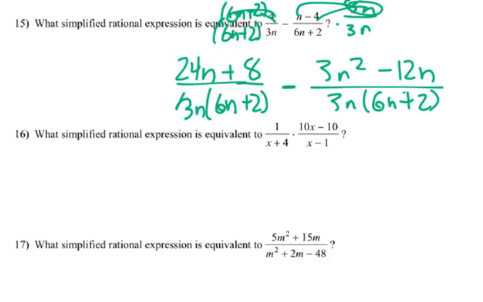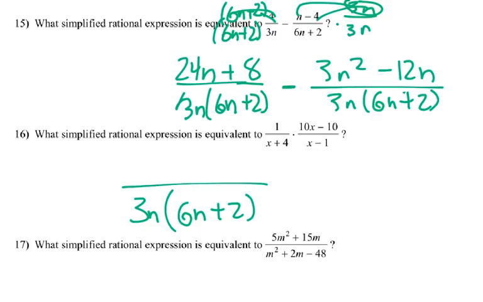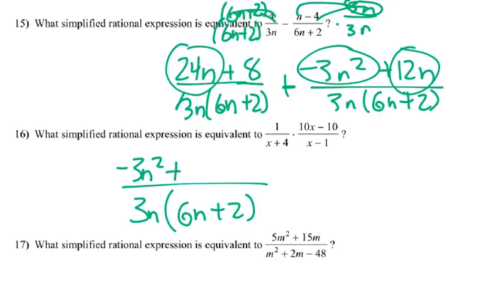So I have common denominator, so my common denominator of 3n times 6n plus 2 over, then that minus kind of applies to both, so think of it as plus a negative 3n squared plus 12n. So there's no other, so we go negative 3n squared plus 12n and 24n would give me 36n plus 8.